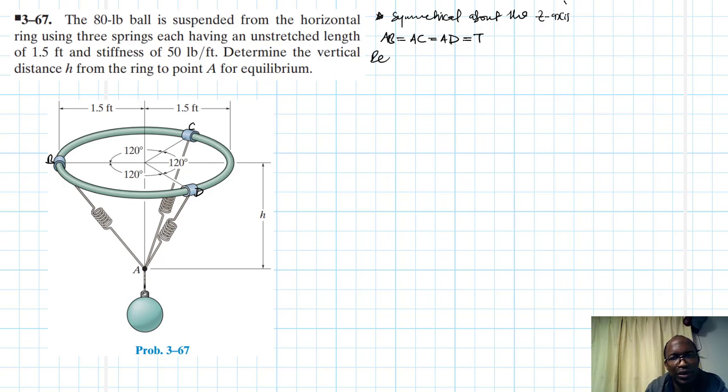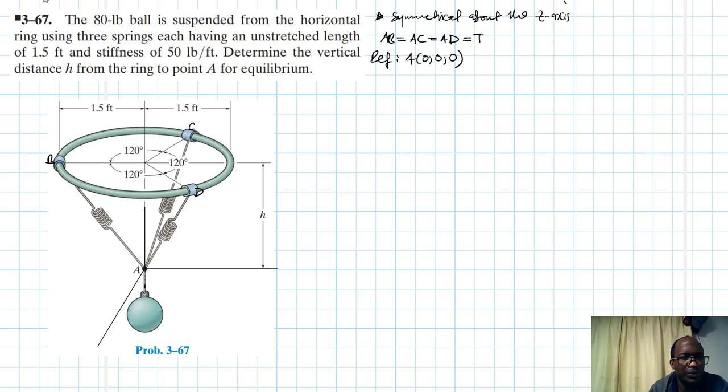So let our reference in this case be A as our 0, 0, 0. So let's draw the reference system at A. Let this be our y-axis, and then this one somewhere here, maybe I want it to be something like that. Okay, how is that? It's okay. So that one as our x, and this one as our z.